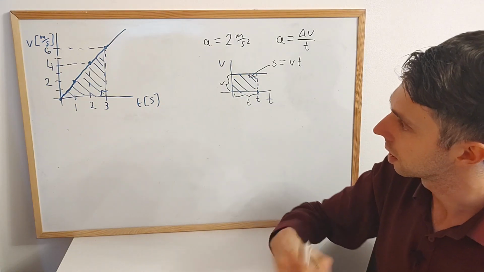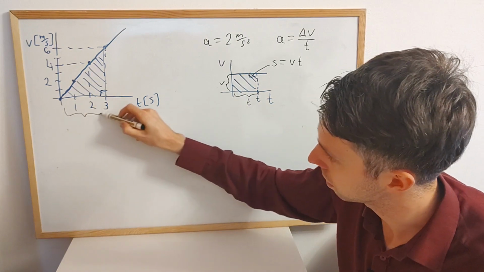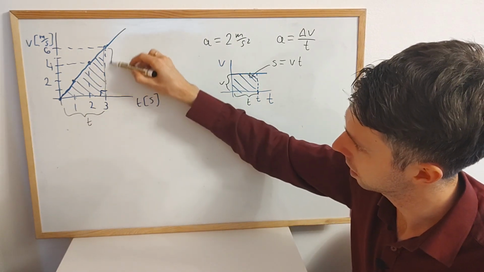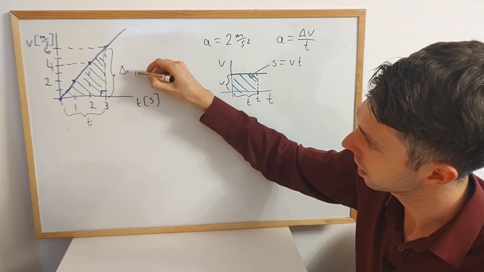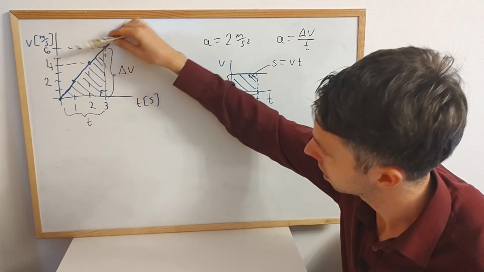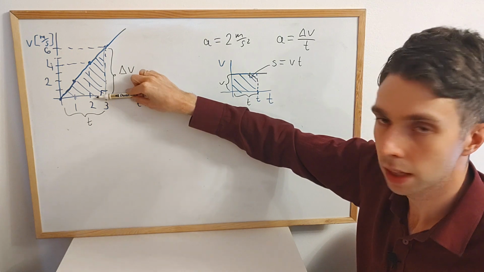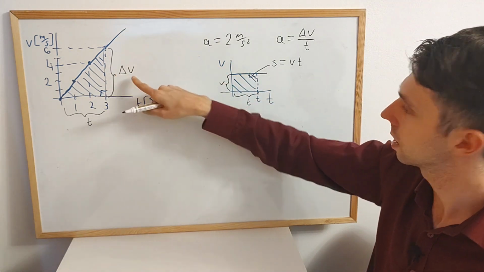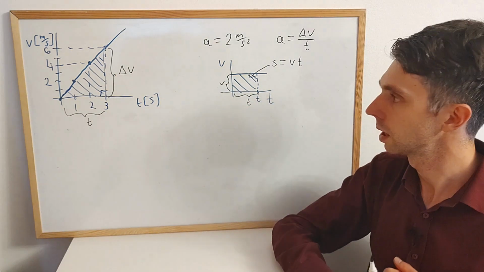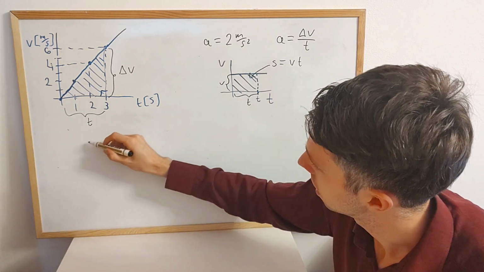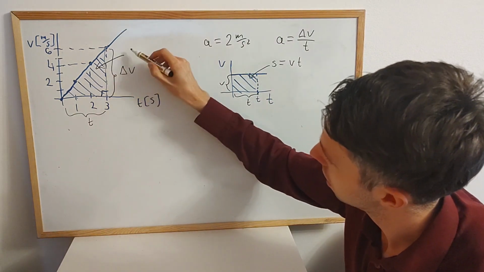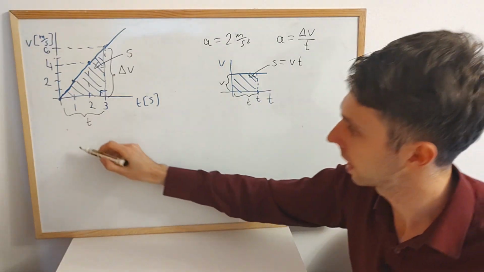Okay, and look, this side is of course time, and this side is change in speed, because it's final speed 6 minus initial speed 0. It's indeed the change in speed. So the distance is the area of this triangle.